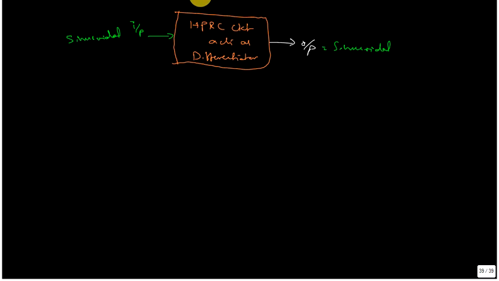In general, if you apply a sine signal, you will get a cos signal as output for a differentiator.